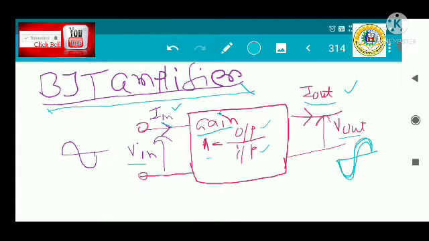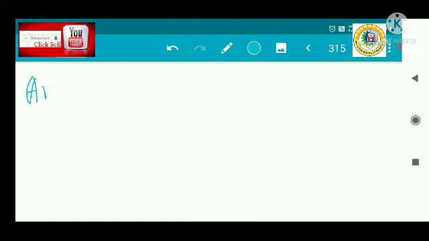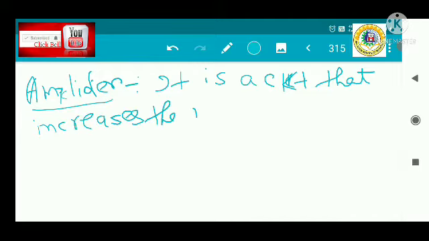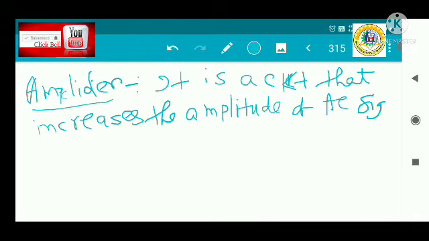Now the definition of the amplifier: it is a circuit that increases the amplitude of an AC signal.